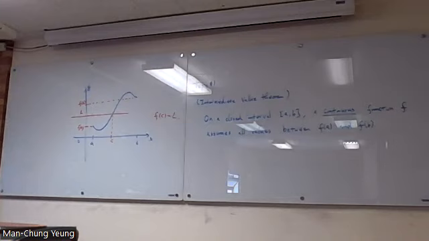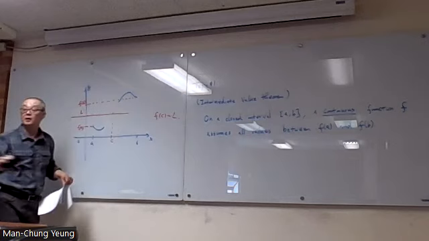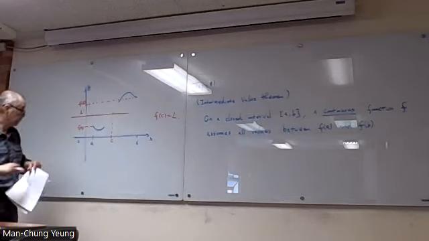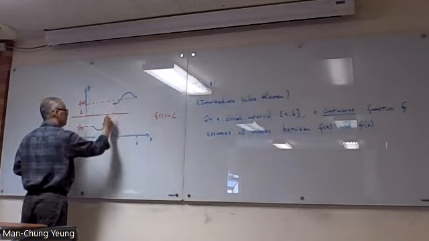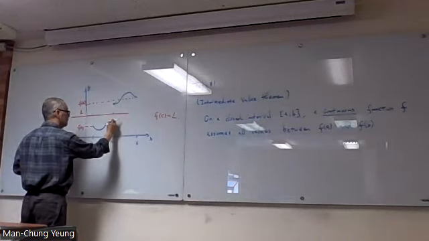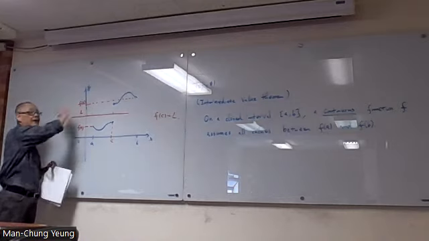If f is not continuous, this fails. If the function has a jump, it is not continuous. With a jump, the function doesn't assume any value between f of A and f of B.